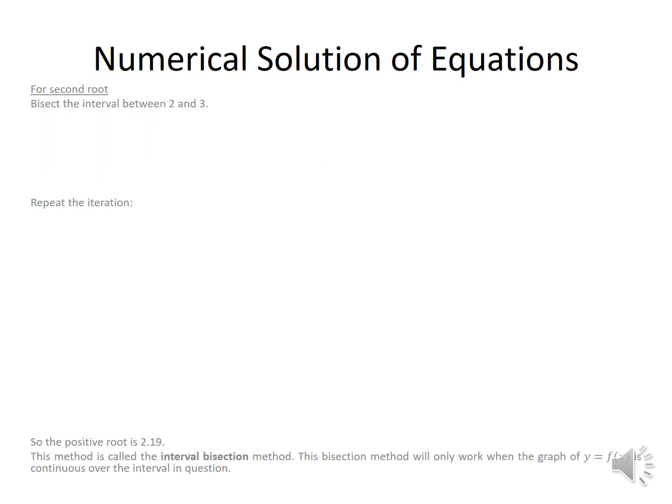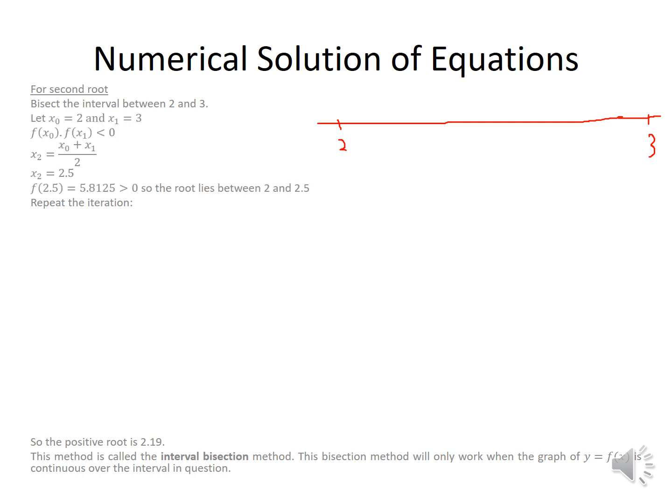Second root. For the second root, we know that the root is between 2 and 3. Immediately sketch a number line, 2, 3. We let x0 equal to 2 and x1 equal to 3.